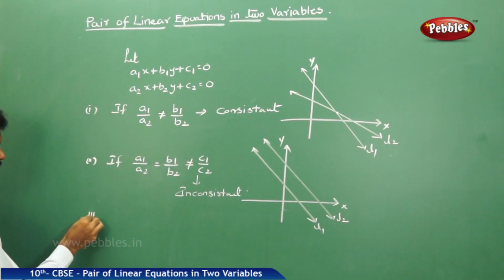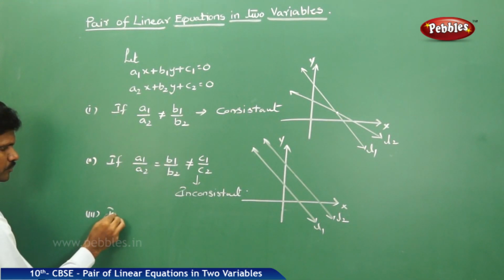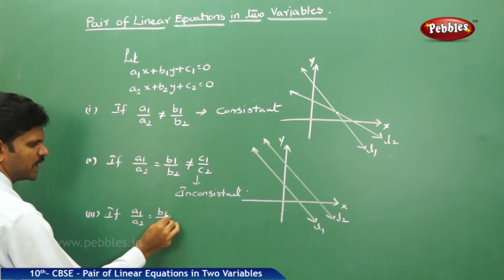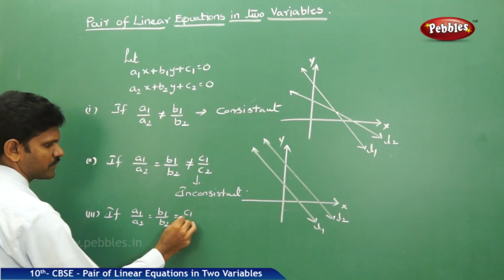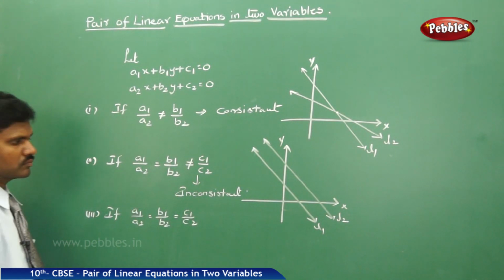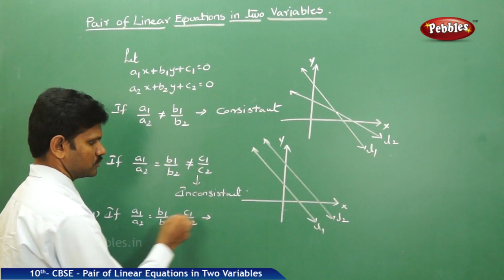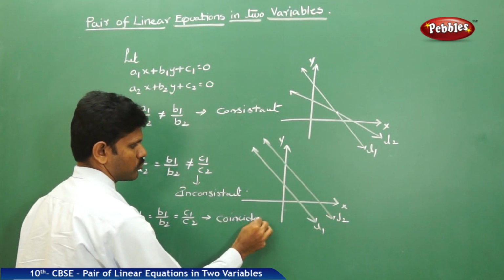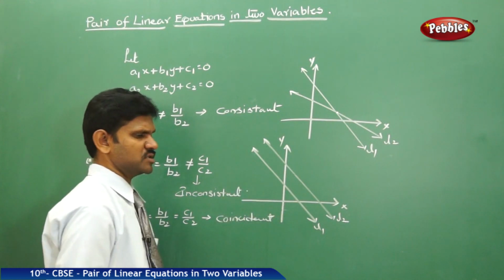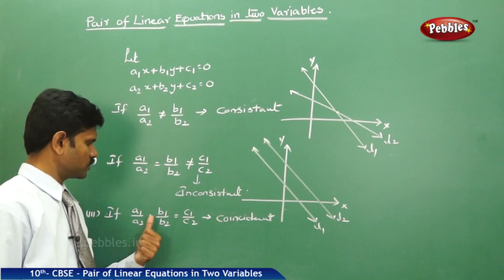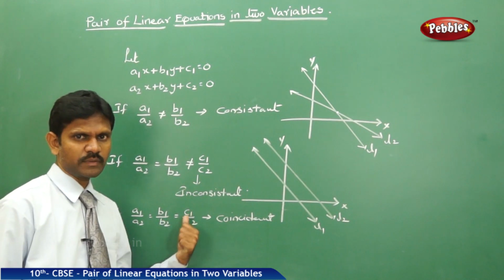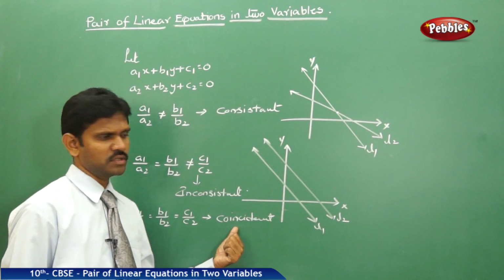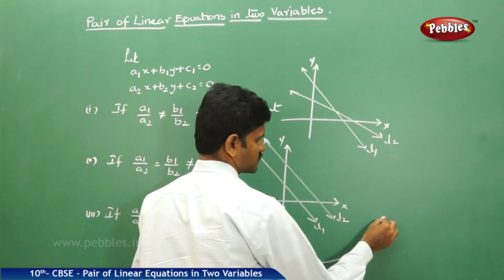Next, case 3, if a1 by a2 is equal to b1 by b2 is equal to c1 by c2, then the lines are coincident. That is the nature of the graphs.